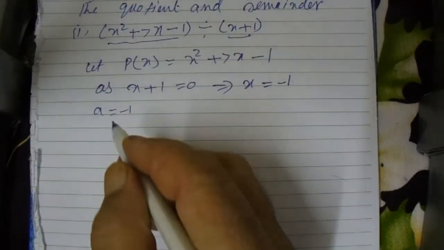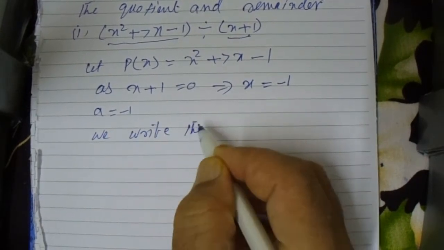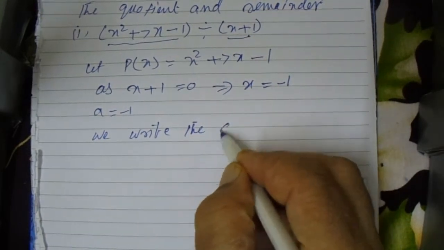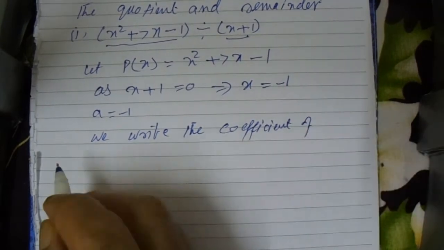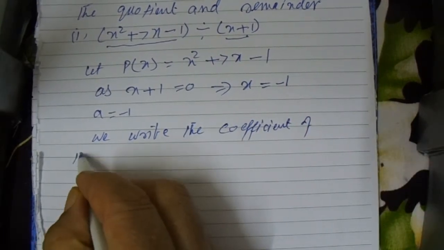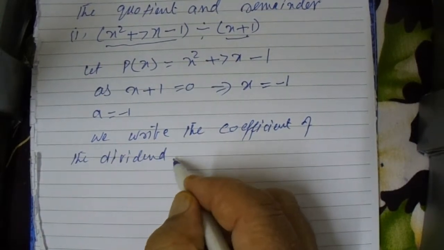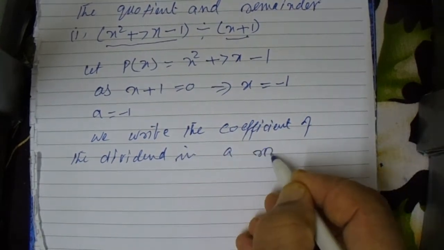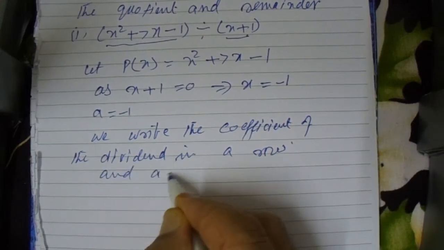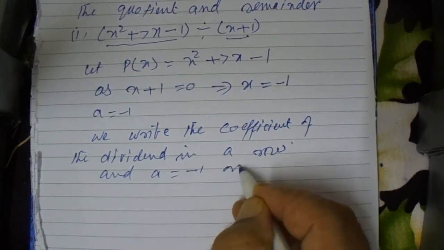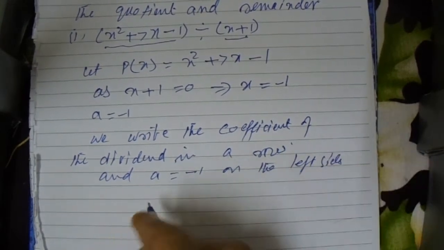Now we write the coefficient of x of the dividend in a row, and a is equal to minus 1 on the left side. This we write here.